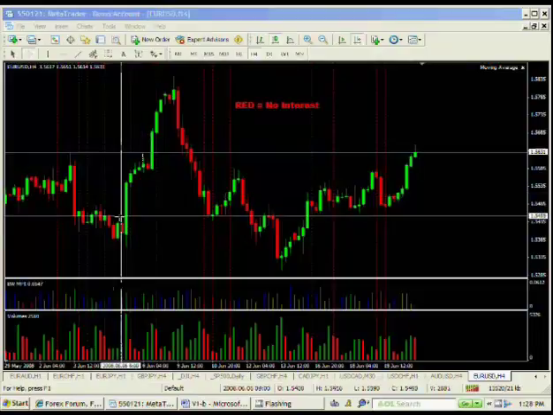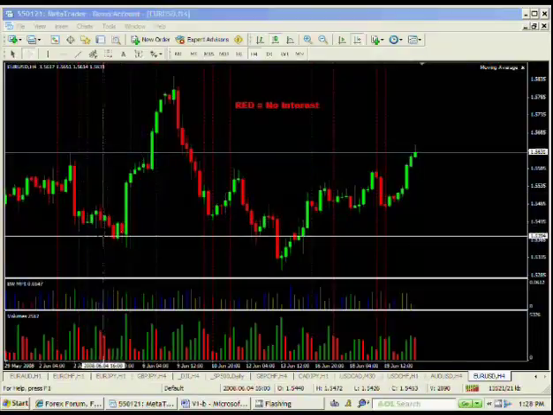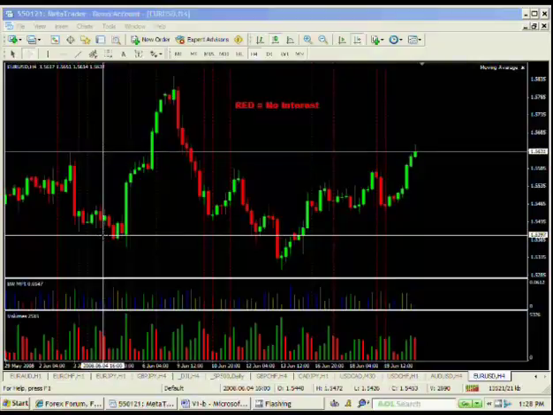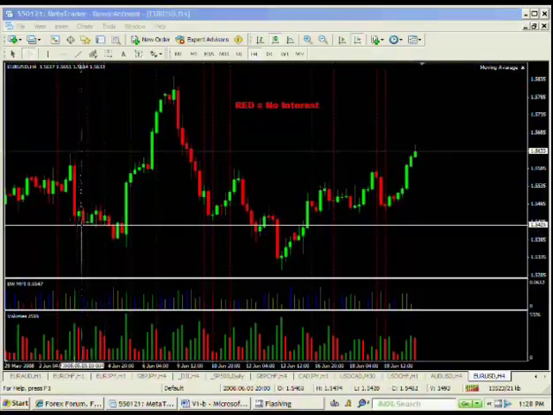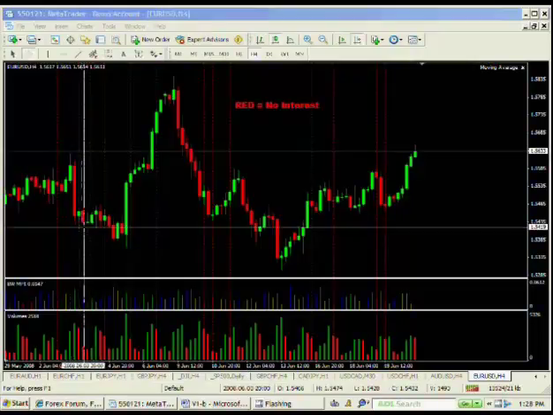But when you see a red bar on the market facilitator index, the MFI, think of it as there was no volume or weight added and no volume or weight subtracted. So whatever price is at the open of this bar, that's equilibrium.